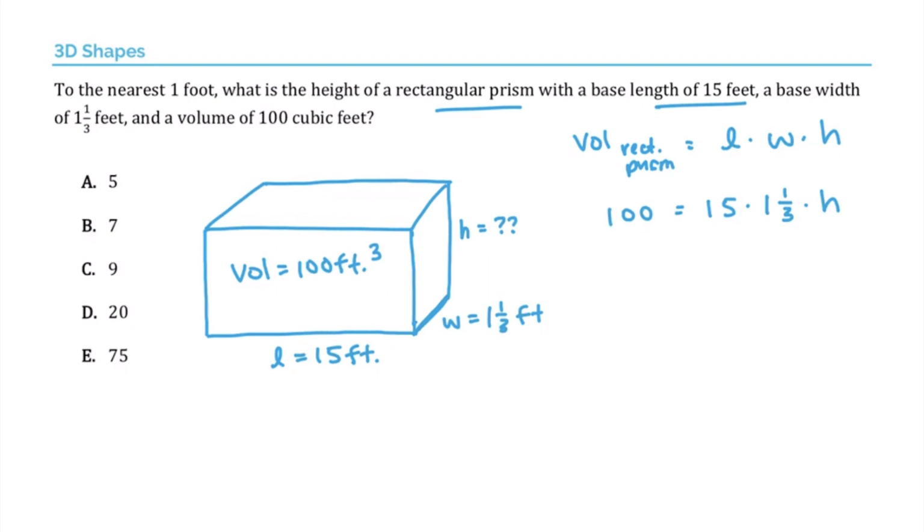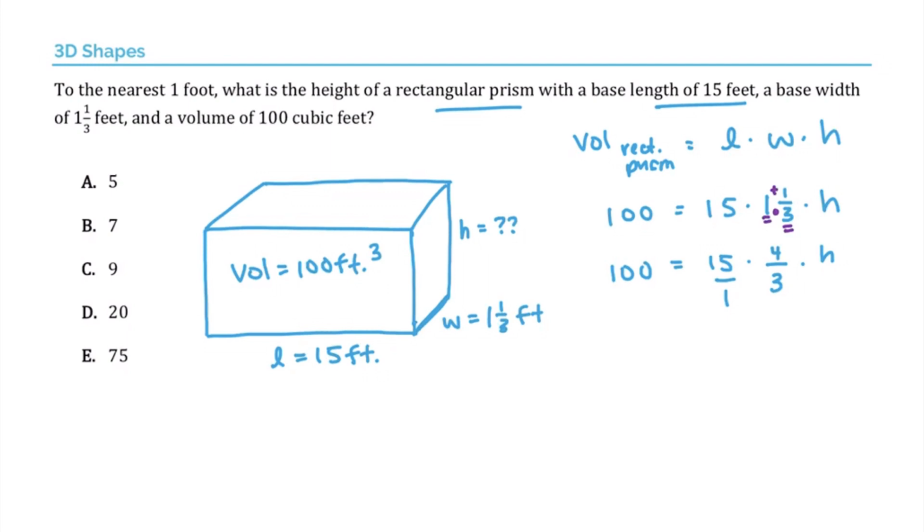That missing variable. So I'm going to have 100 equals 15 times, I'm going to rewrite 1 1/3 as a single fraction. So remember what I do is 3 times 1 is 3, and then plus 3 plus 1 is 4. So my numerator becomes a 4, the denominator stays a 3, times height.